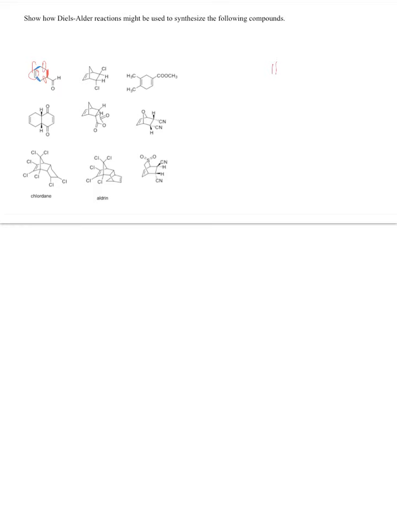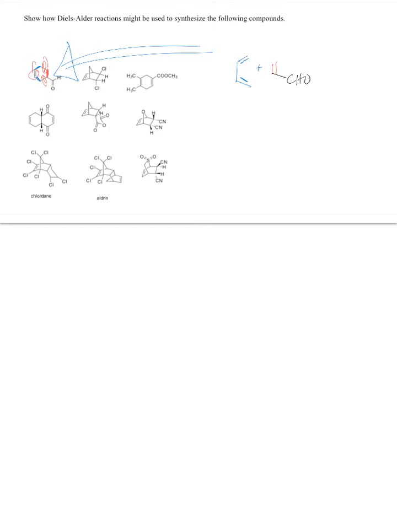So the red, we're going to just write CHO, and these bonds here are new. So we're not even going to put those in. And then we're going to go with the blue. We're going to make those the diene. So the first one, you do your retro arrow, just like that.